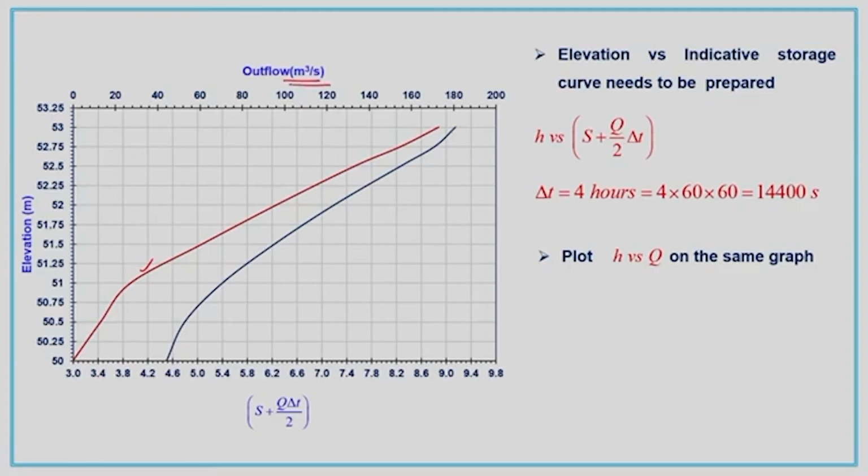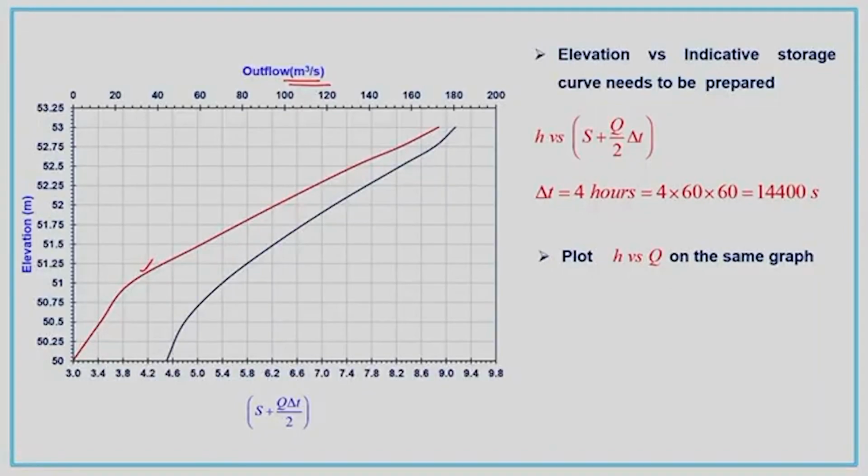Indicative storage is plotted along the primary x axis and outflow along the secondary x axis. The elevation axis is the same, because elevation is the same for both storage and discharge. So here we have both curves, the elevation versus indicative storage and also the elevation versus outflow. Now we can go for the calculation related to reservoir routing.